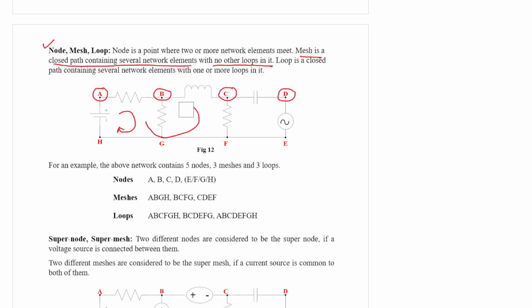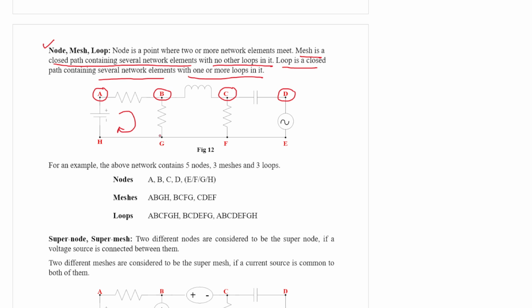A mesh is a closed path with no other loop in it, and a loop is also a closed path. However, the difference is that a loop can contain several network elements with one or more loops. A mesh does not contain any loop. It is an elementary closed path, whereas a loop can contain several meshes or several loops inside it.